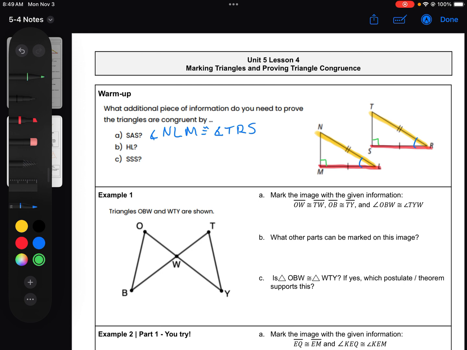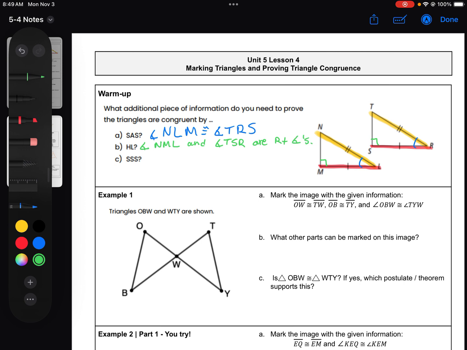So we could say that angle NML and angle TSR are right angles. Okay?